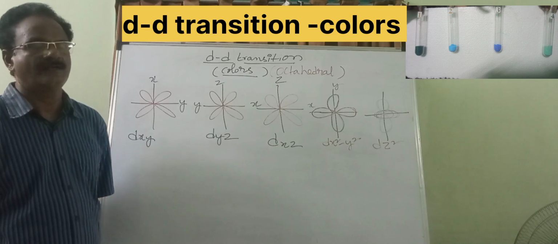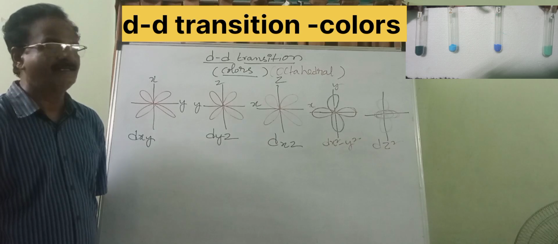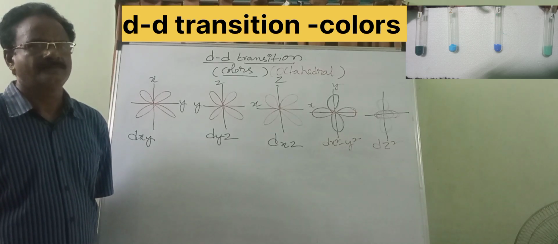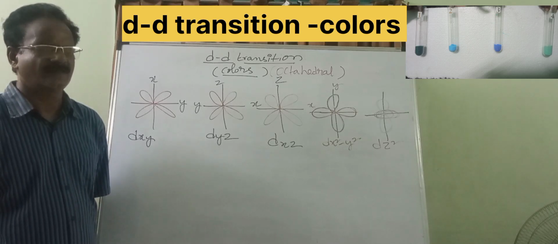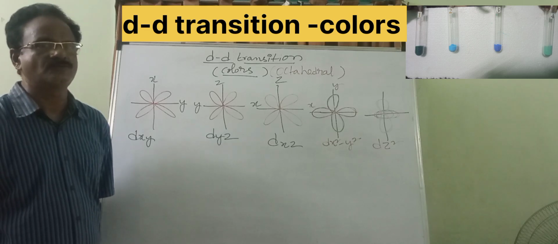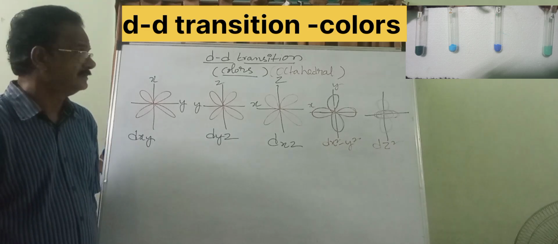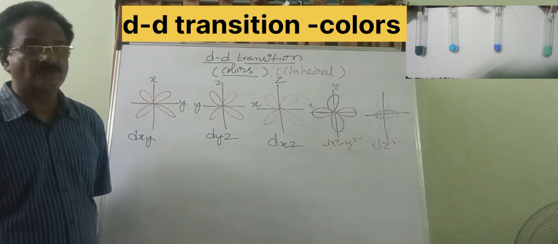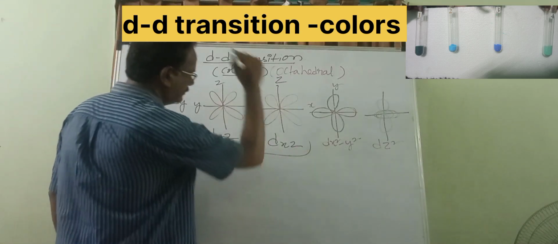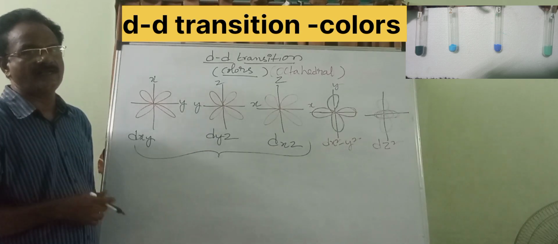Here, now I am discussing d-d transition in octahedral geometry. So for the compounds having octahedral geometry, the d orbitals usually split into two sets in presence of ligands. One set is the orbitals in which the lobes are in between the axes.